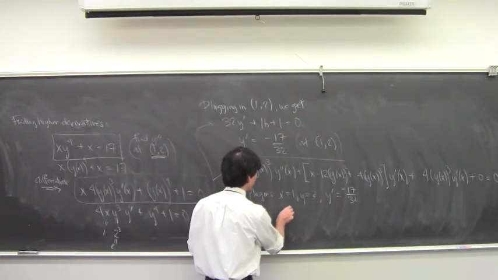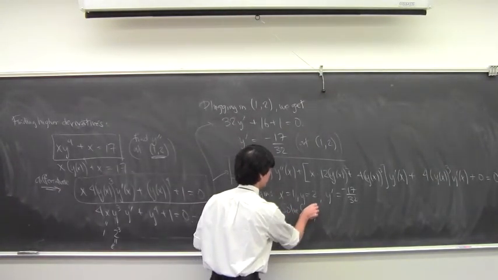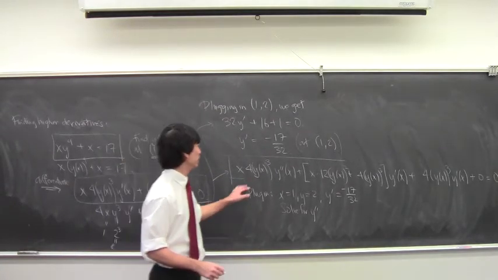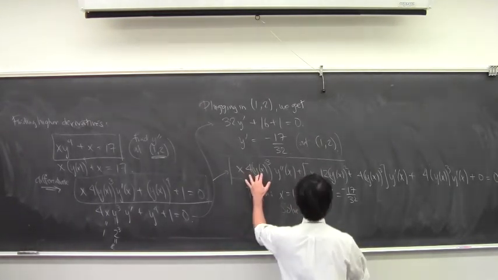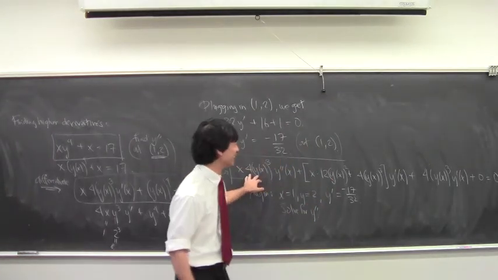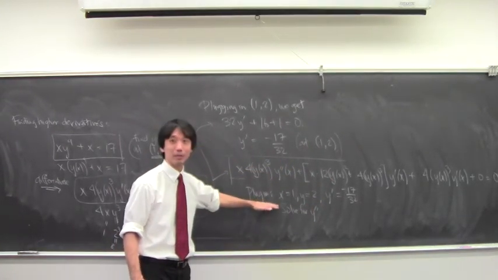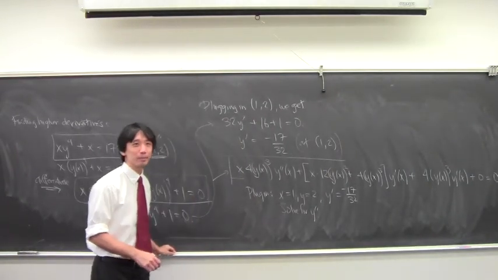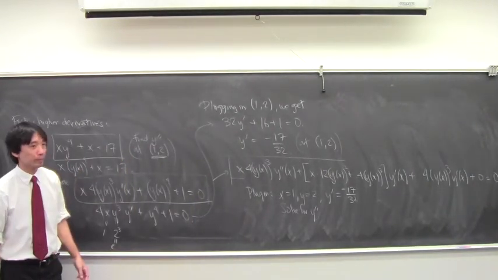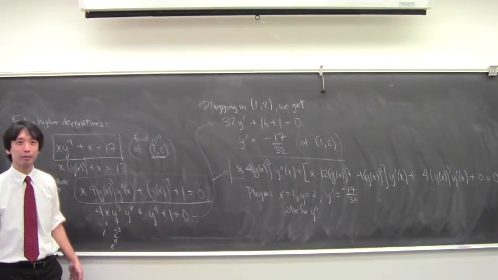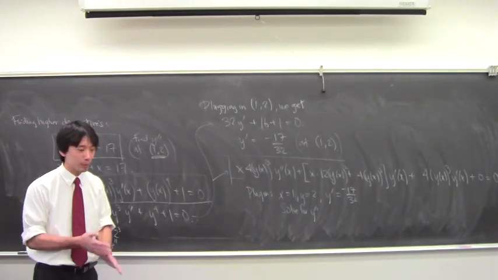Then solve for y double prime. It's arithmetic after that. But you can use implicit differentiation to get higher derivatives in this manner.